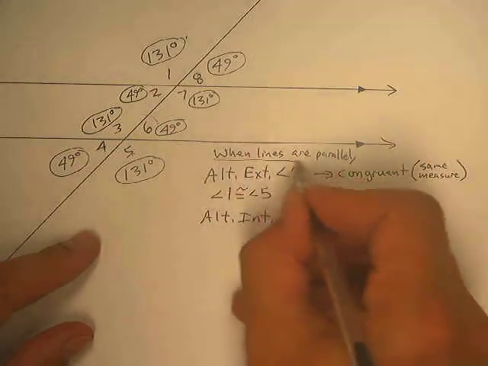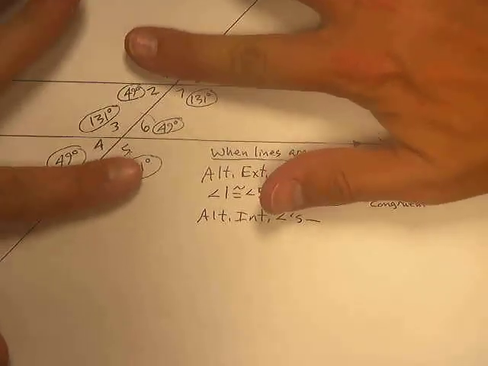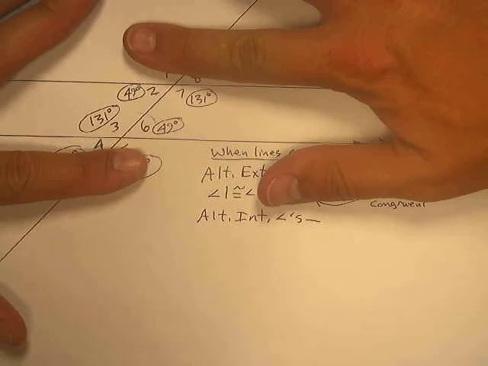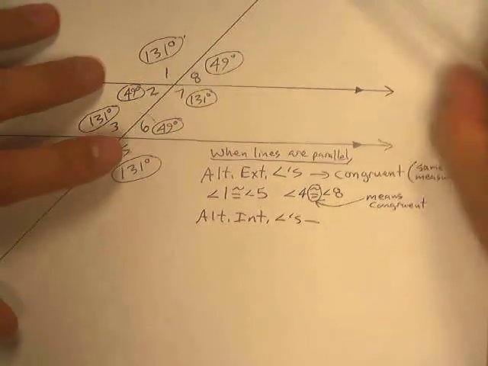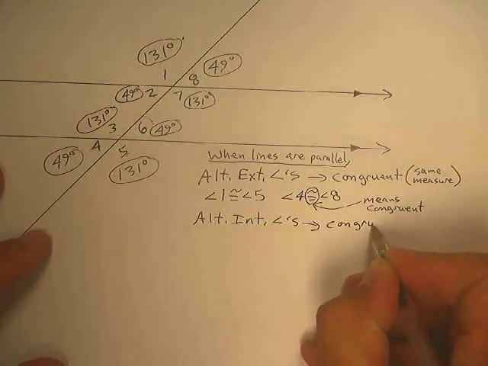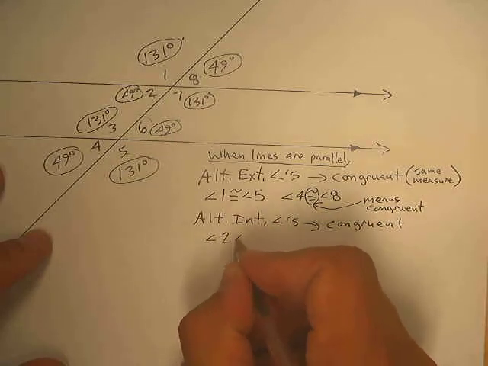All right, let's check out our alternate interior angles. What do we know about them when the lines are parallel? Let's look. We have 2 and 6 and 3 and 7. 2 and 6 are both 49, 3 and 7 are both 131.